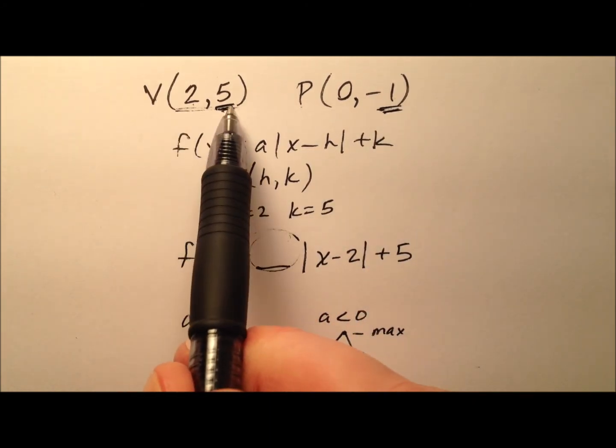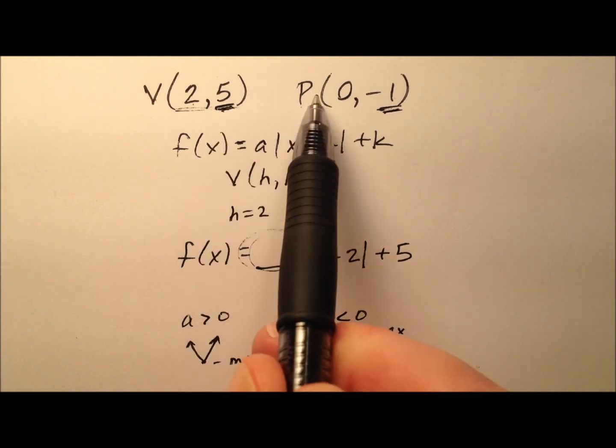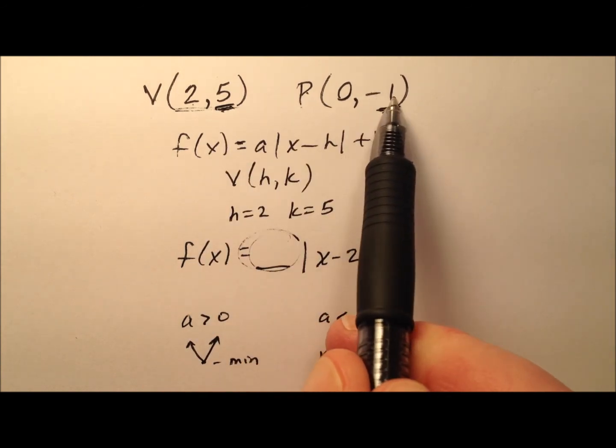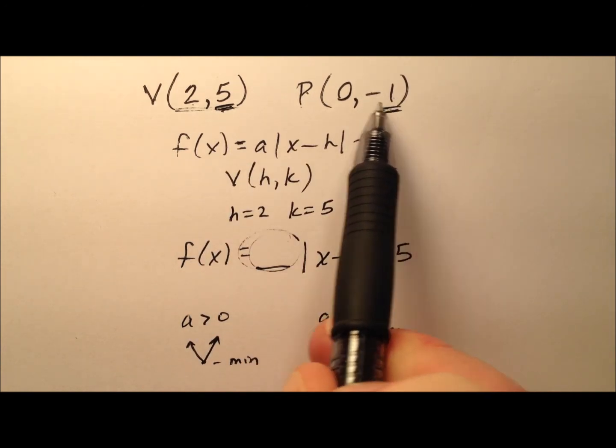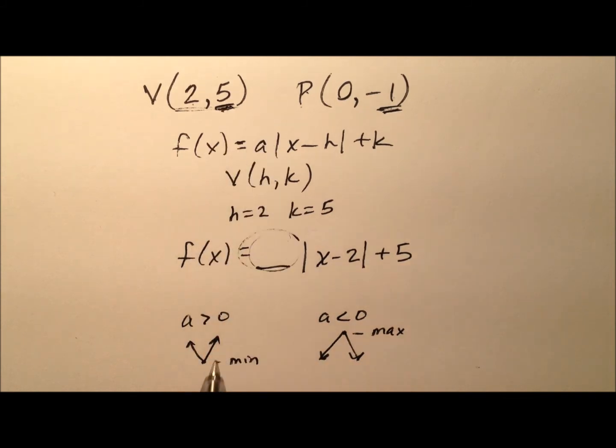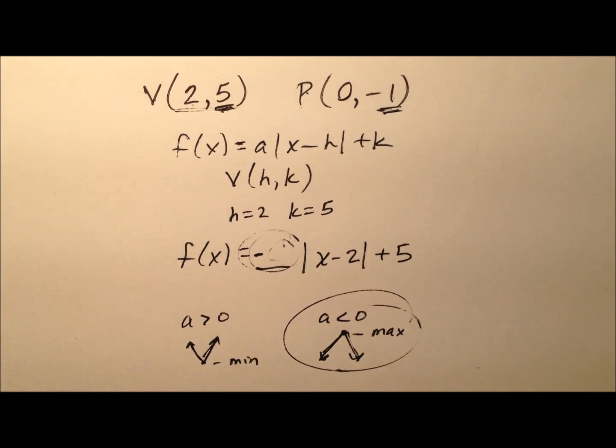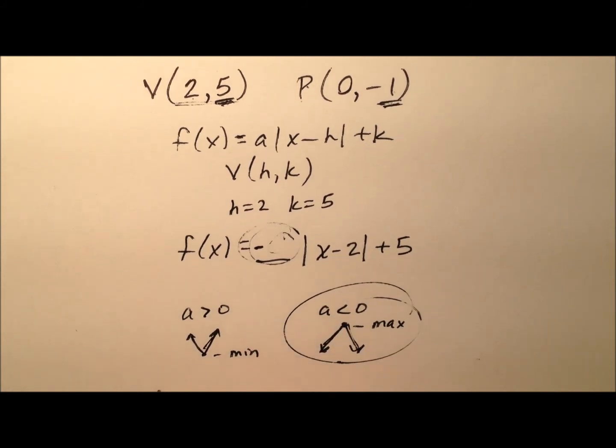If our vertex has a y value of 5 and our other point has a y value of negative 1, well, negative 1 is definitely lower than 5. So if our vertex is higher, then our vertex is a max, and we know our a value is less than 0. So we'll have a negative out front. And finally, the other piece that we need is the slope, because that will be the slope of these two legs.